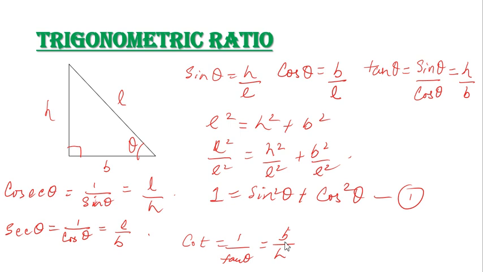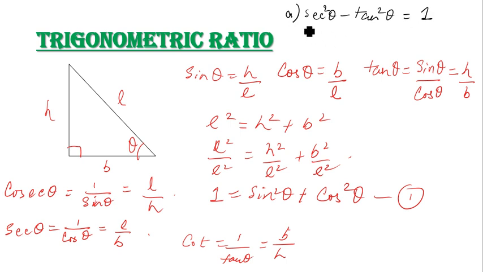Now coming to the other two formulas which are very important, just like sine square theta plus cos square theta equal to 1. The second important formula is sec square theta minus tan square theta equal to 1.